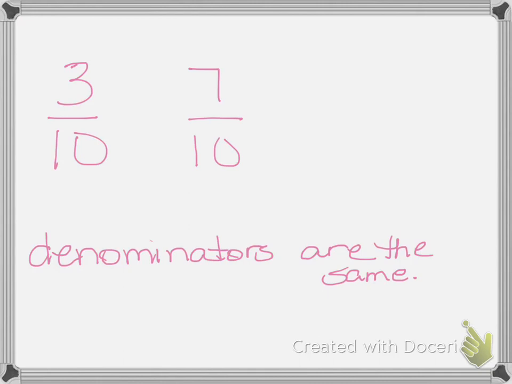In this case, they both have 10. So then we just have to look at how many are shaded in. We've got 3 in the first one and 7 in the second one. So which one's larger? 3/10 or 7/10? That's right, 7/10 would be larger. So when we're comparing fractions with our numerator and our denominator, we can focus on those, and that's what we're going to focus on today.